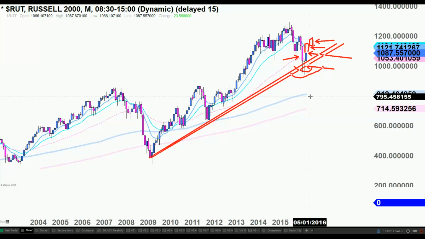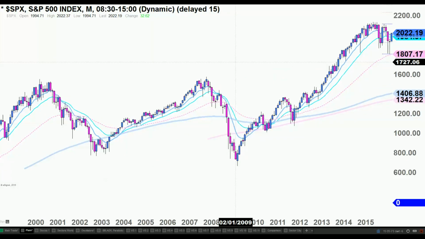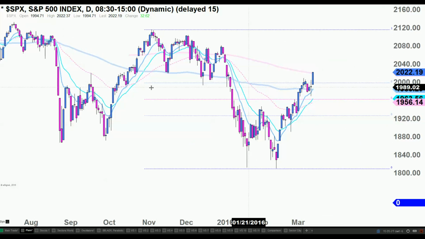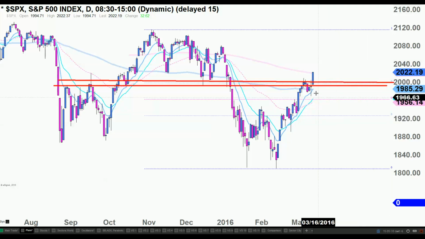I think the recent move that we saw on the S&P 500 last Friday was very, very significant. This was a territory with the 2000 round number that I think everybody was watching. Most people were thinking we were going to see another rollover, but this market knows how to fool the majority.